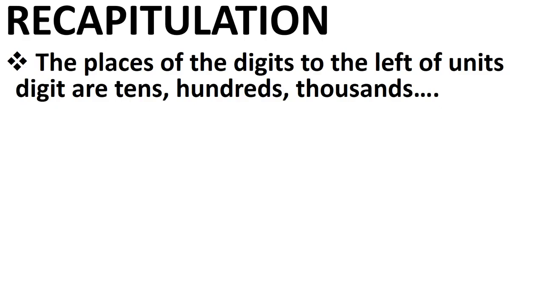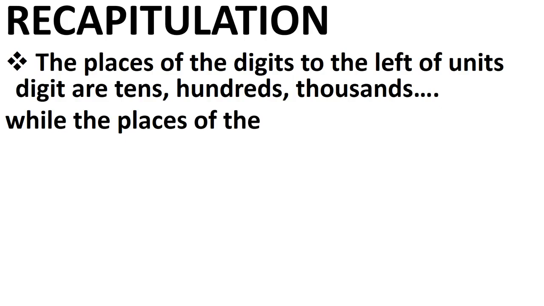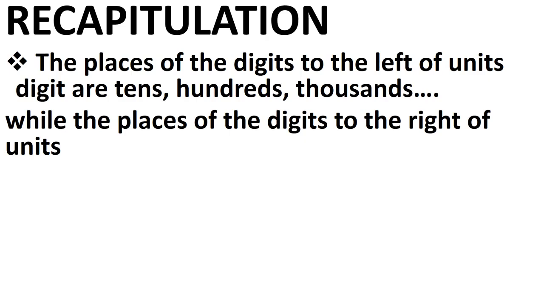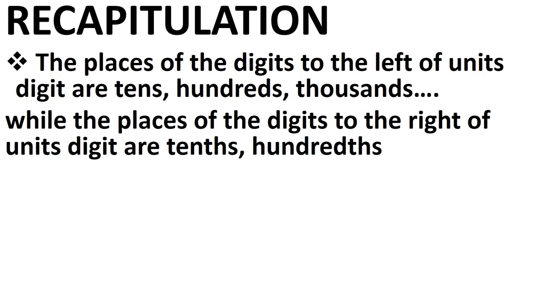Left of the ones place digit, they are tens, hundreds and thousands like these. While the places of the digits to the right of the units digit are tenth, hundredth, thousandth and so on. On the right hand side, digits are tenth, hundredth and thousandth.